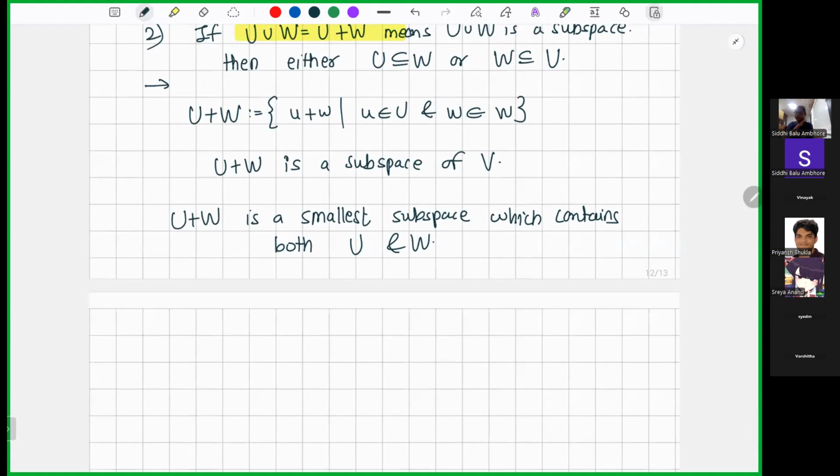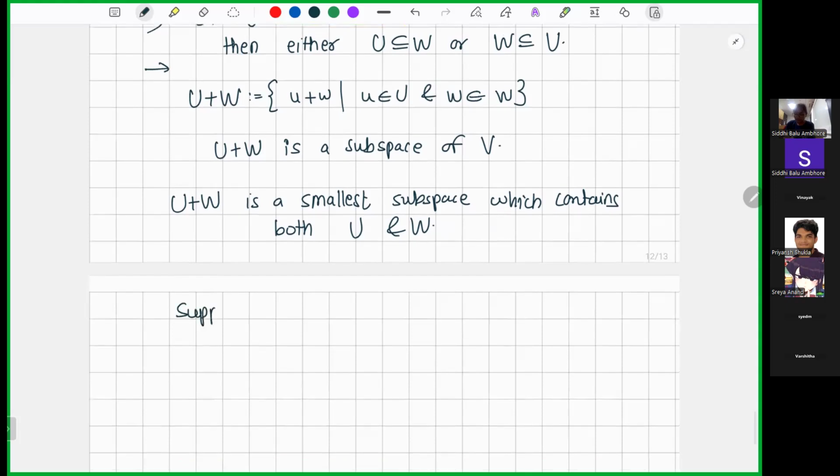First of all, this set forms a subspace. But why is it smallest among the subspaces which contain both U and W?